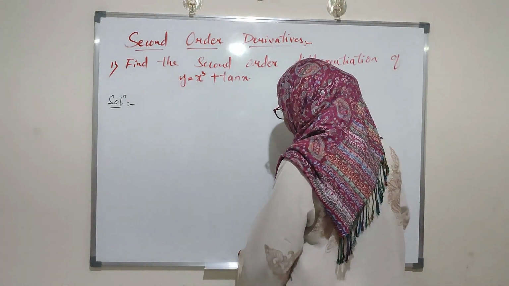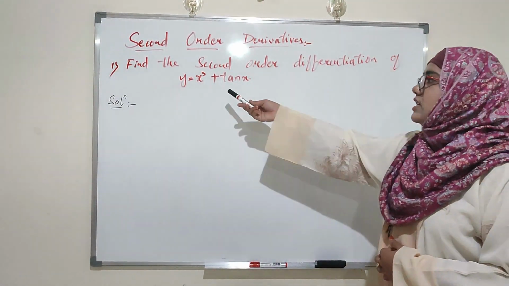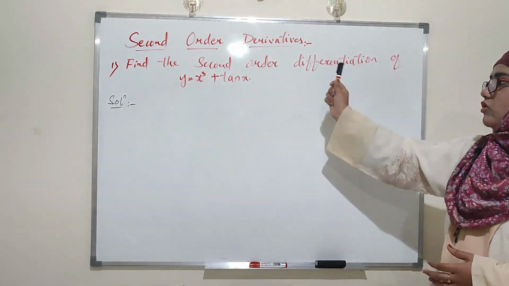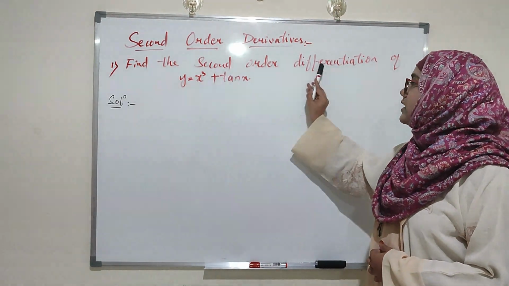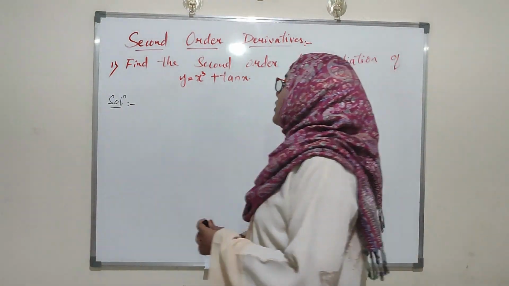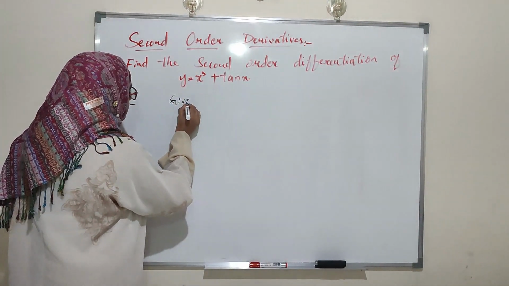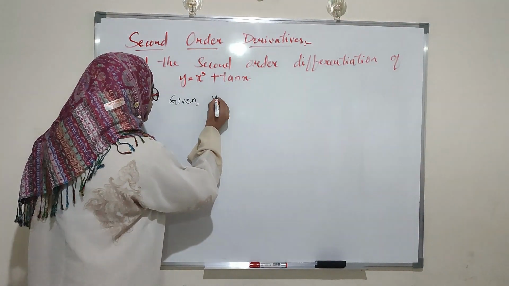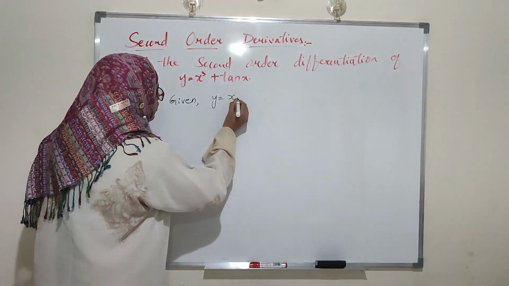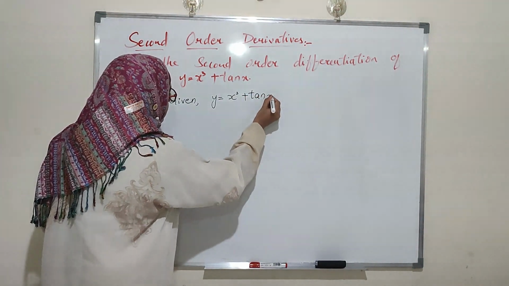Now write solution. Always in solution first write what is given to you, then go for what we have to find. What we have to find is the second order differentiation of y is equal to x cube plus tan of x. Write first given, y is equal to x cube plus tan of x.